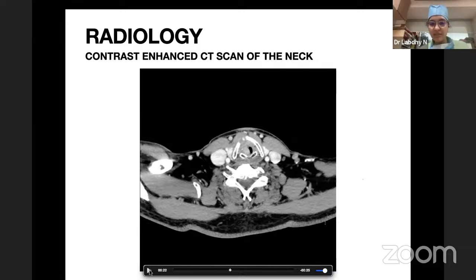We can see the lesion on the right side. This is at the level of the cricoid, and there is a transcartilaginous spread anteriorly.